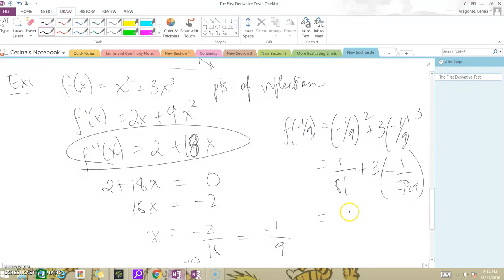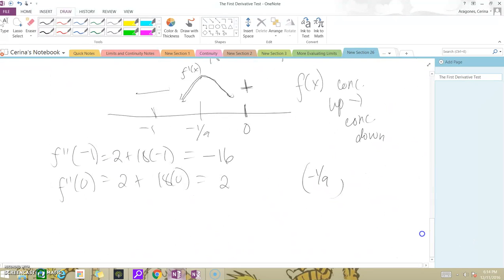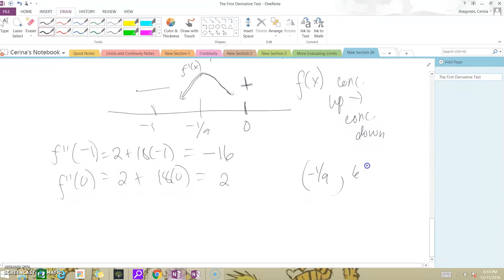We add these together, we get 9 minus 3 all over 729, which is 6 over 729. So negative 1/9, 6 over 729 is your point of inflection. Okay? So that's how you use the first and second derivative test.